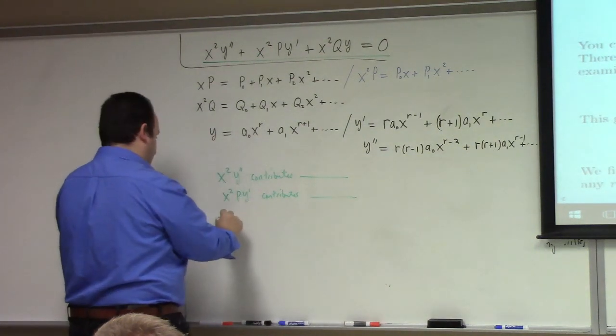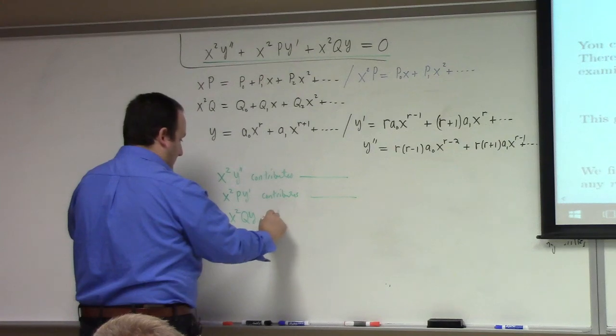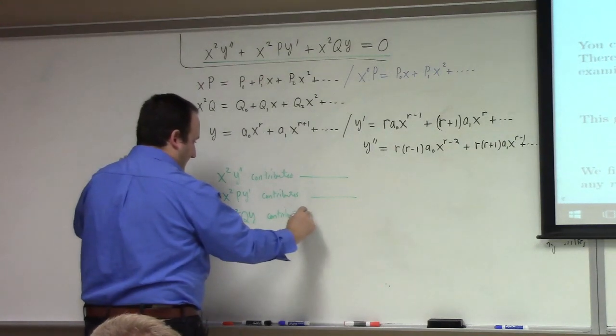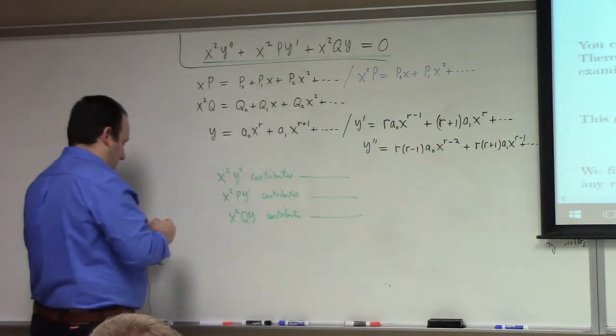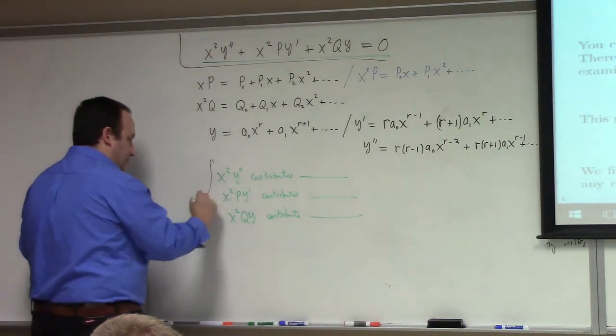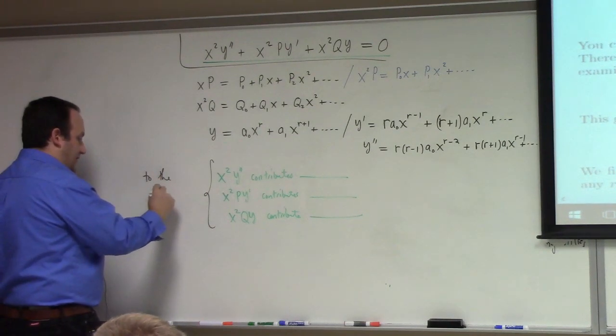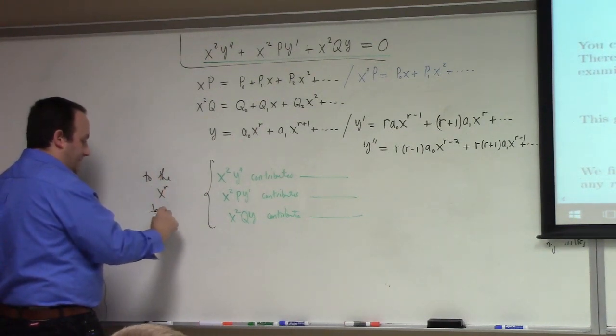And how about x squared q y? What does this contribute? And here I'm talking about, it's totally ambiguous what I'm asking at the moment, but I want to say the x to the r term. That's the lowest order thing.